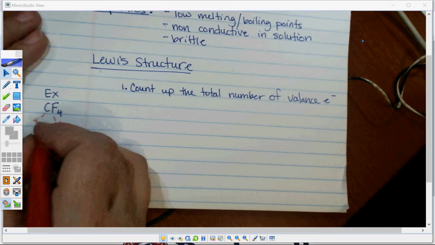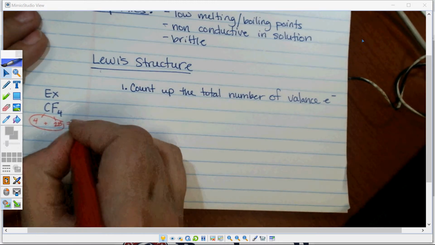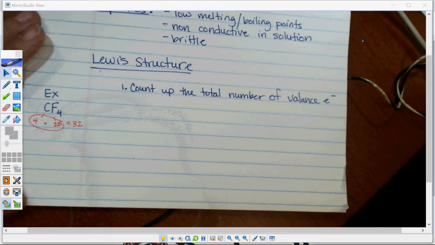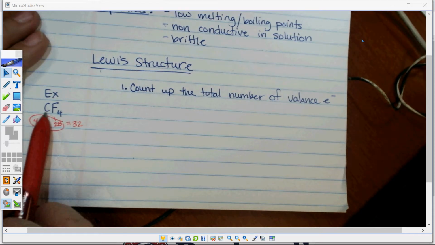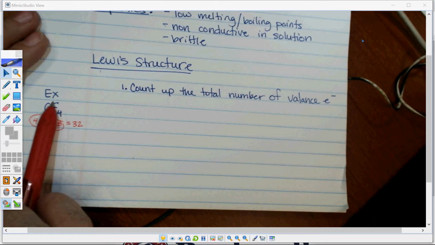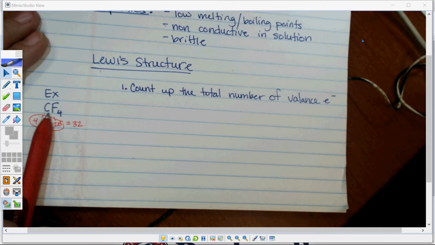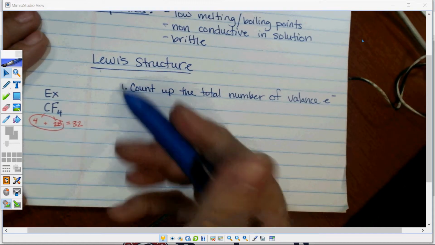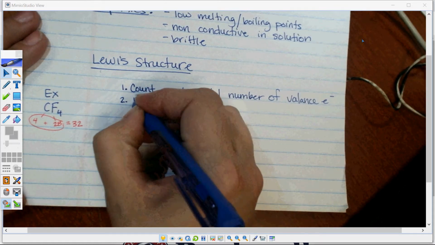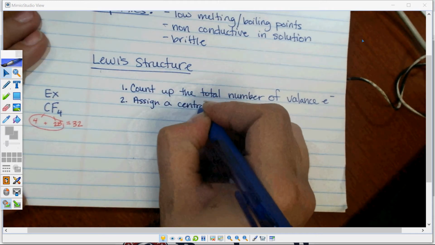So if I add up all of these valence electrons, that means I got 32 electrons total to work with. So the atom of carbon and the 4 atoms of fluorine are bonded together, sharing these valence electrons in a way so that everyone has a full octet. So the next thing you got to do is assign a central atom.